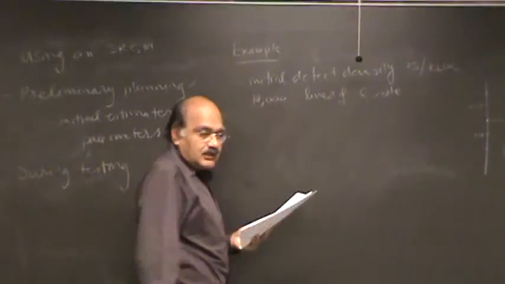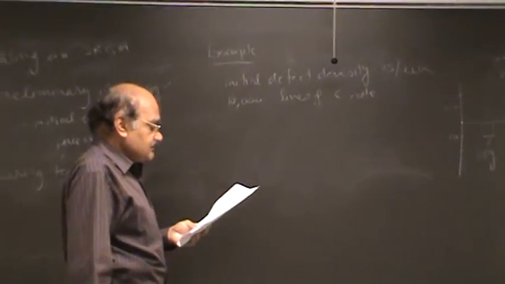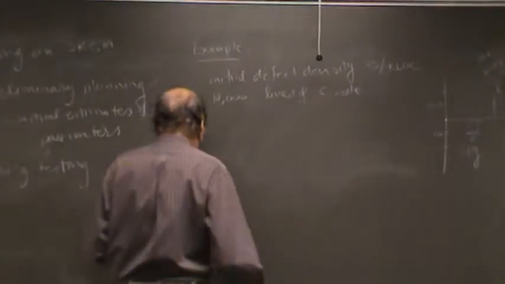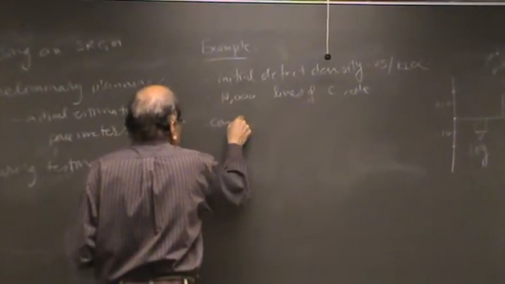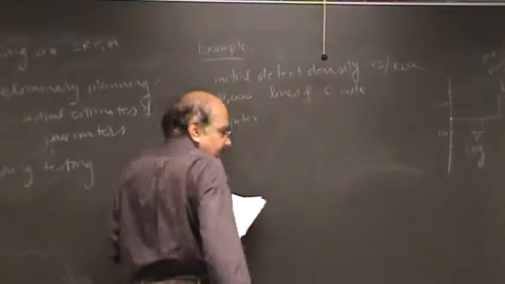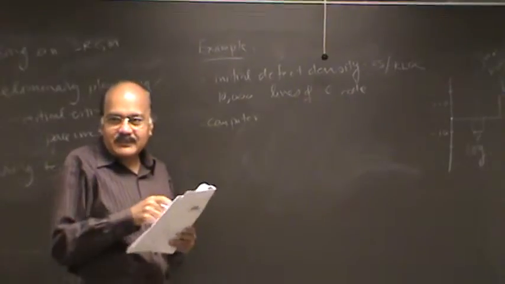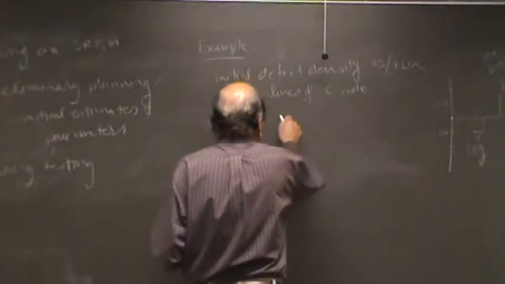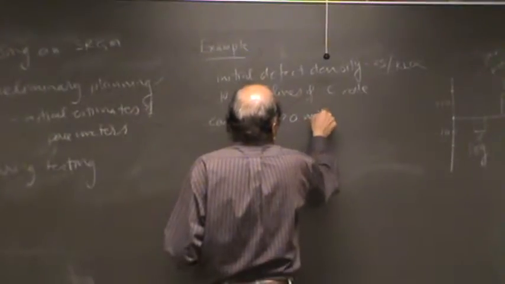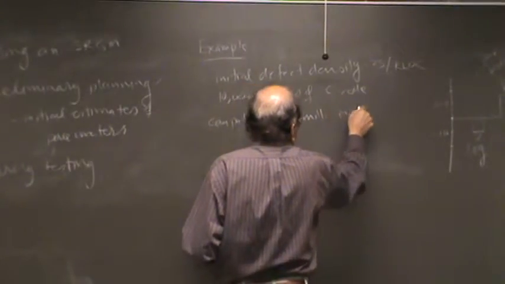C is still a fairly popular programming language, C or C++. And let us say you have a computer, and I happen to have an older number here, 70 million instructions per second.